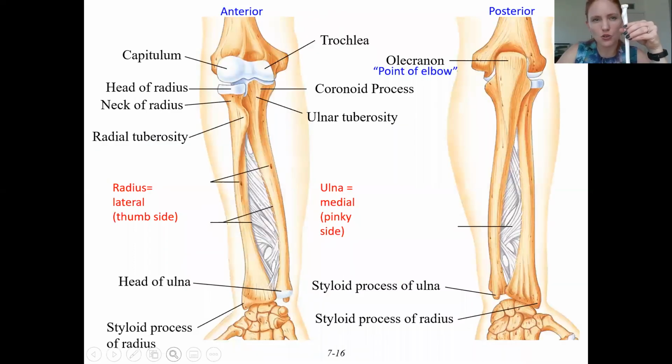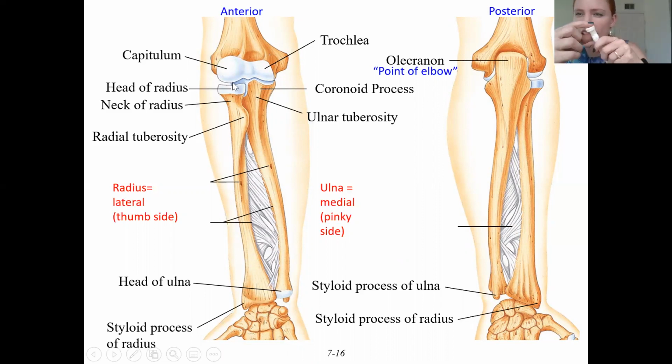The radius, which is this one here, is going to be the lateral bone, on the thumb side. So the radius will be on the thumb side, the lateral side. That is going to articulate with the capitulum, the round bulbous one there. Capitulum, like capital, like head, makes it bulbous.